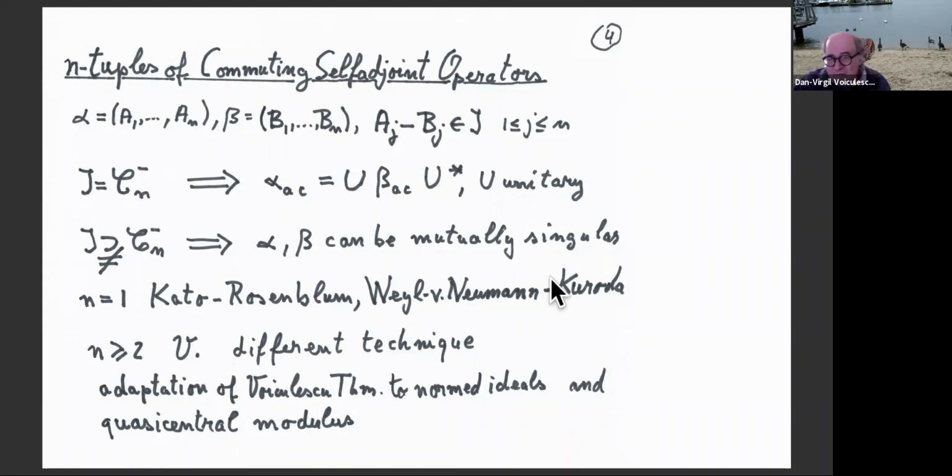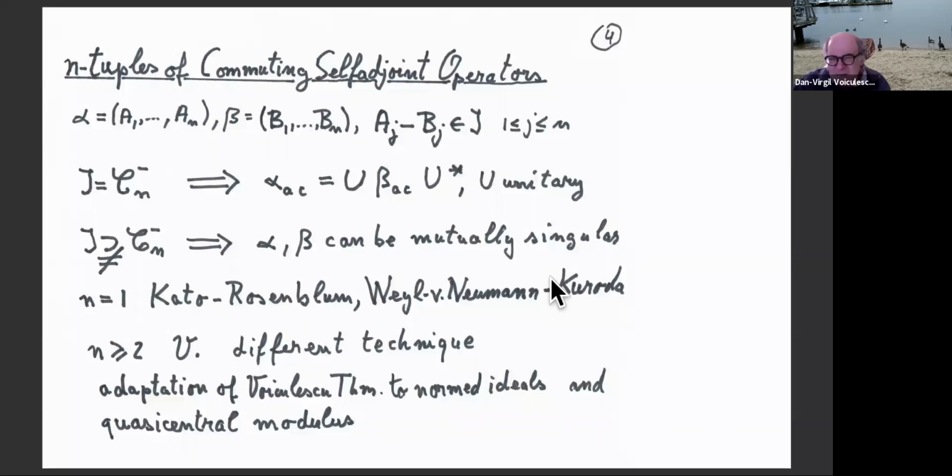And in all of these, a key role is played by the quasi-central modulus. The quasi-central modulus is an invariant number which is associated with an N-tuple of commuting, not commuting, excuse me, a general N-tuple of bounded operators and a normed ideal.